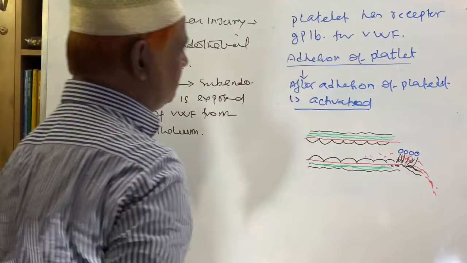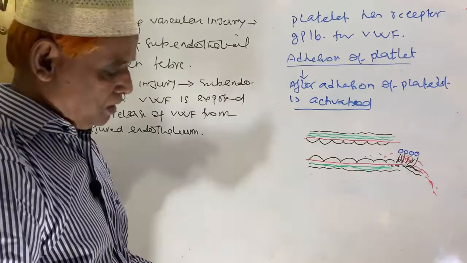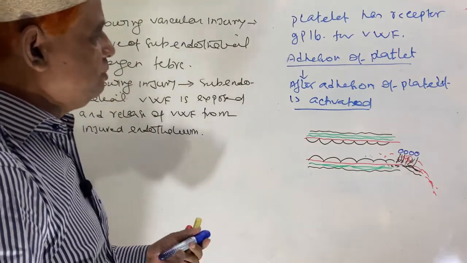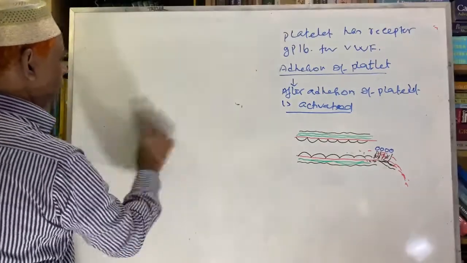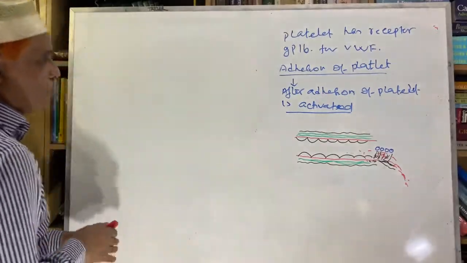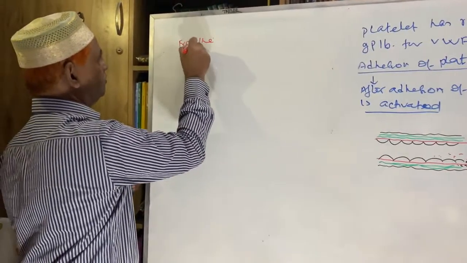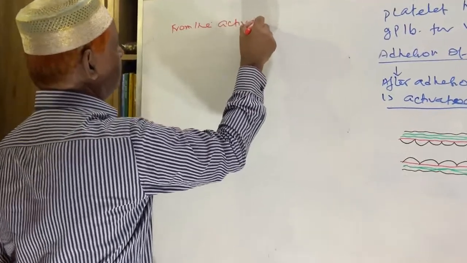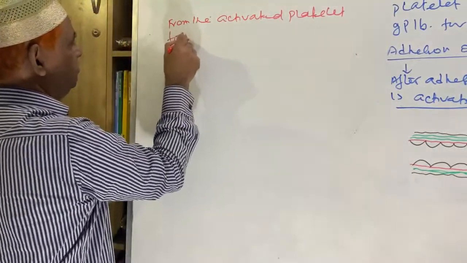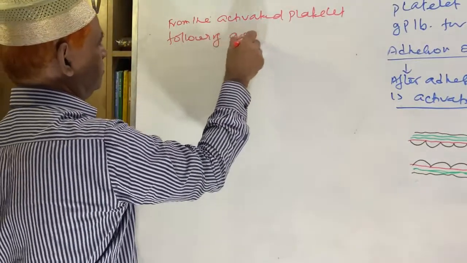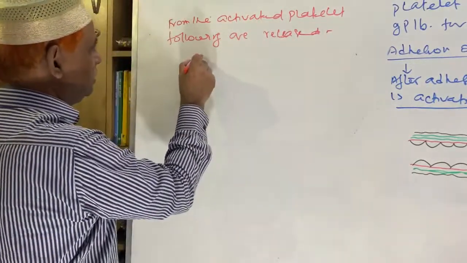So when the platelet undergoes adhesion with the help of von Willebrand factor with the collagen fiber, the platelet becomes activated. From the activated platelet, the following are released. What are those? ADP.